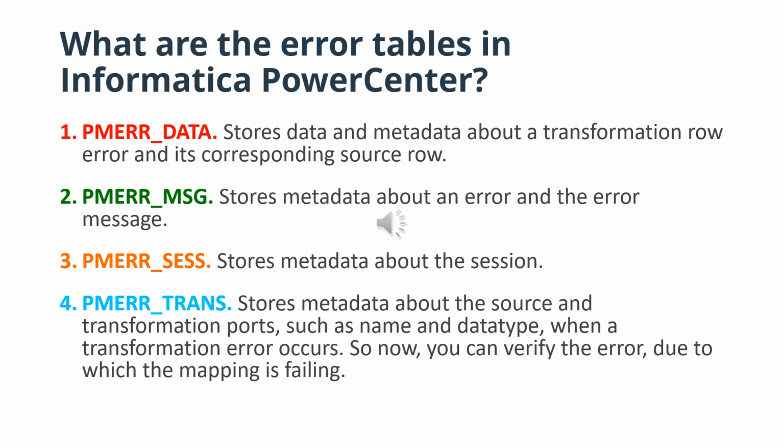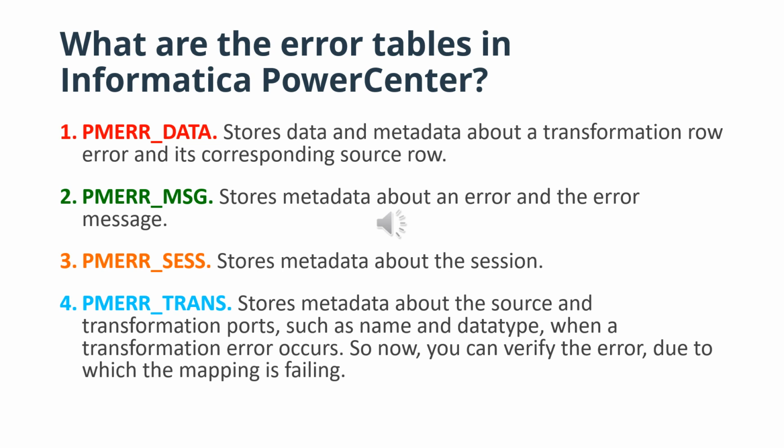And the second one is PM_ERR_MSG. MSG means message. It stores the metadata about an error and the error message. What the error is and the corresponding error message is going to be stored in the PM_ERR_MSG table. And the third one is PM_ERR_SES. SES means session. It stores the metadata about the session.